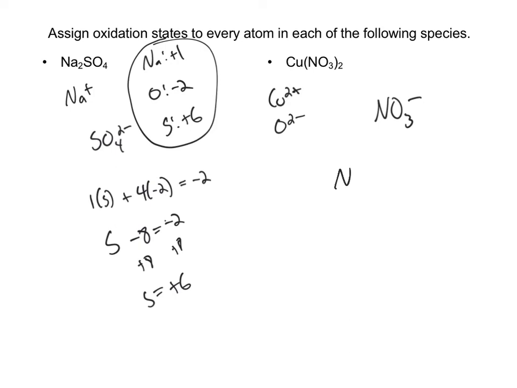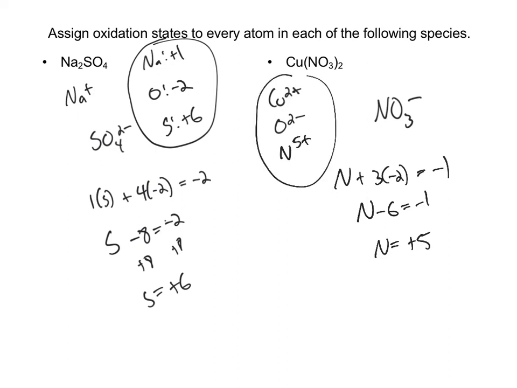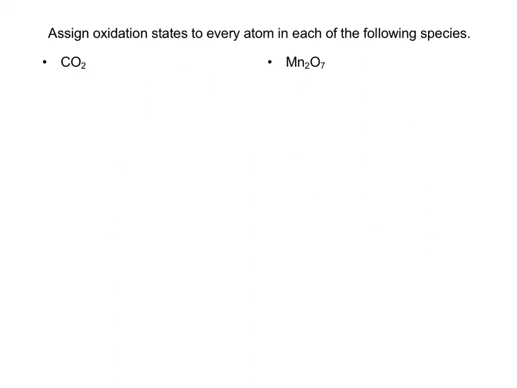So I've got 1 nitrogen, 3 oxygens that are negative 2. It has to add up to be negative 1, so N minus 6. Add 6 to both sides. So my oxidation states in copper 2 nitrate, the copper is plus 2, oxygen is minus 2, and the nitrogen is plus 5.